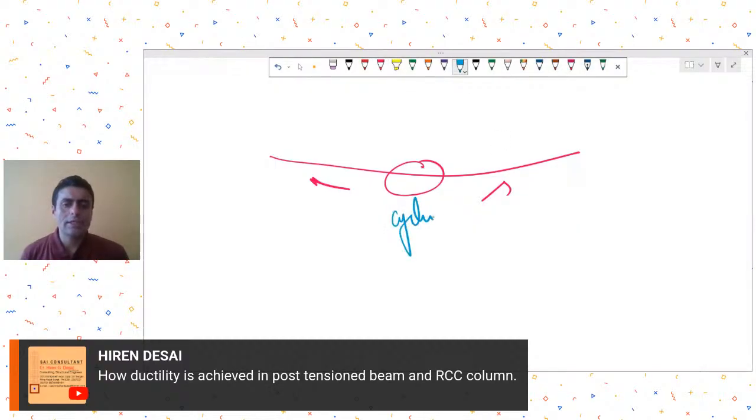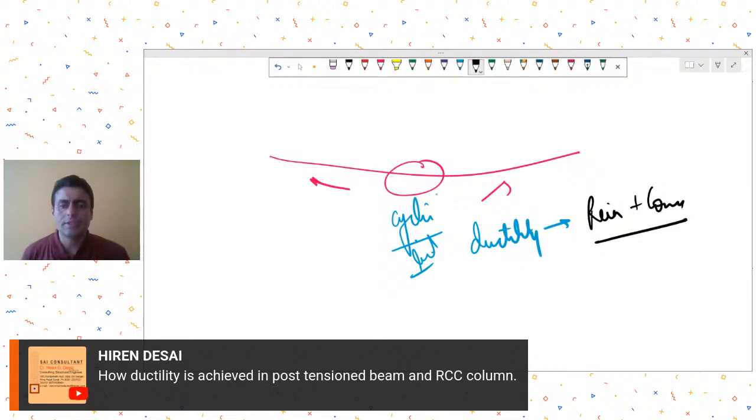So if it cannot take cyclic loads, which are changing direction, you cannot use the PT system to achieve ductility. So ductility has to be achieved by the reinforcement and concrete itself. Ductility has to be achieved through reinforcement and concrete, not through the PT system.